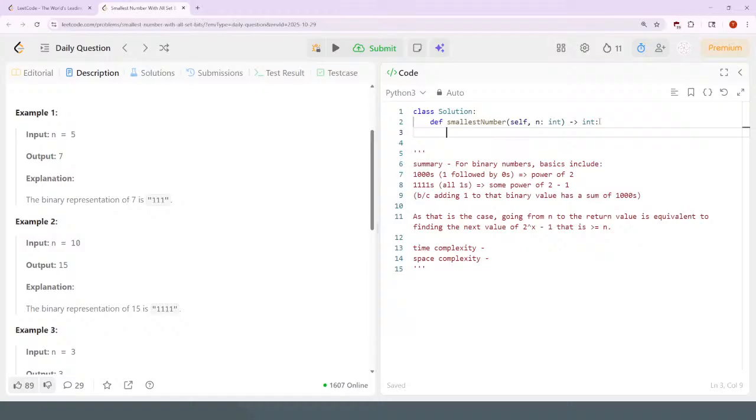So the question is how to find the power of 2. I think maybe I can do log. There's quite a bunch of log functions in Python. I could do a for loop.